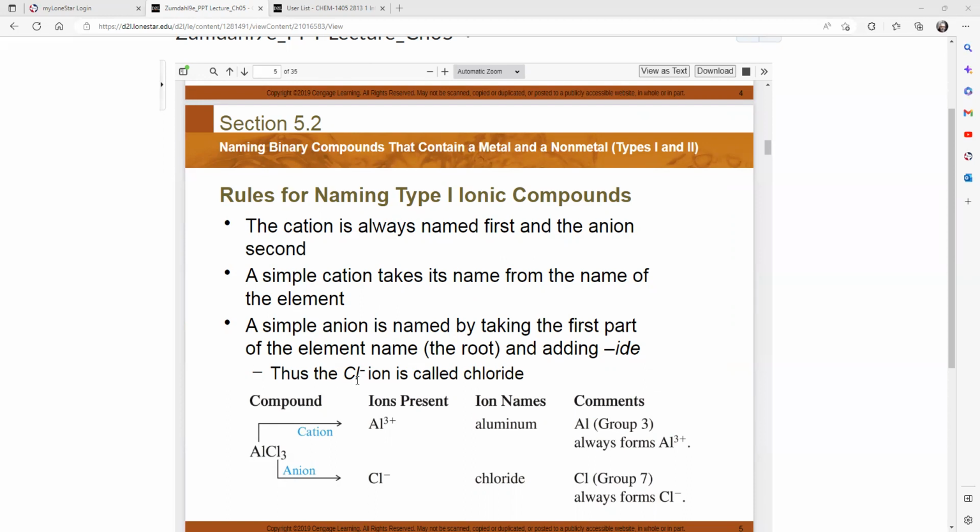For example, chloride, and here we have a compound. Aluminum has the same name of the element, and chlorine changes the ending by ide, then it's chloride. Then this compound's name is aluminum chloride.